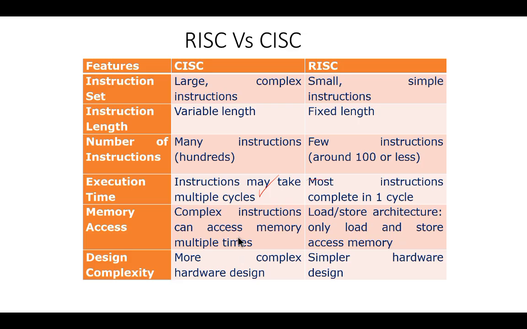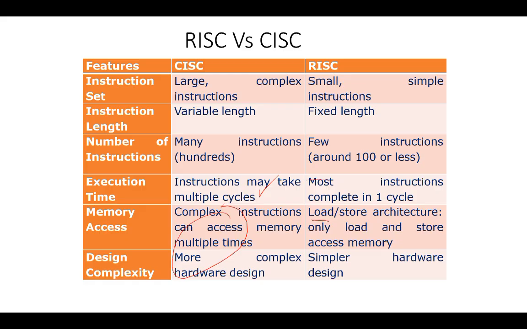Next, with respect to memory access, CISC has complex instructions to access the main memory, which can take multiple cycles. In RISC, memory is accessed only through the load and store instructions, and then the loading and storing is carried out.